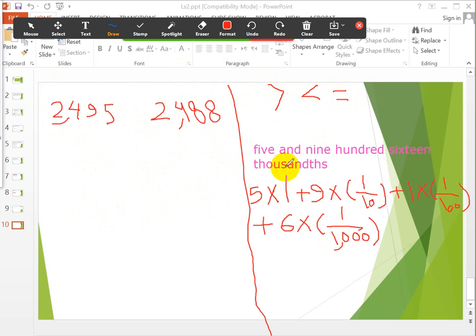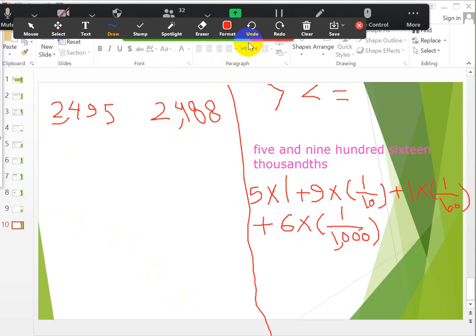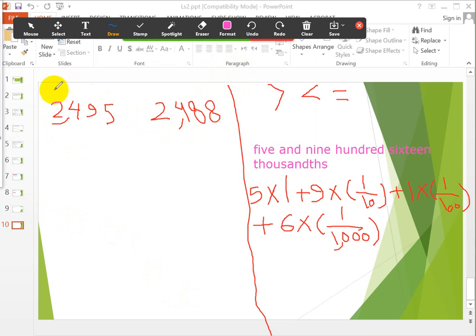You remember those symbols. We use them for comparing two numbers. And I will start comparing from the left to the right. That means if I want to compare 2495 and 2488, I will start my comparing from the left.